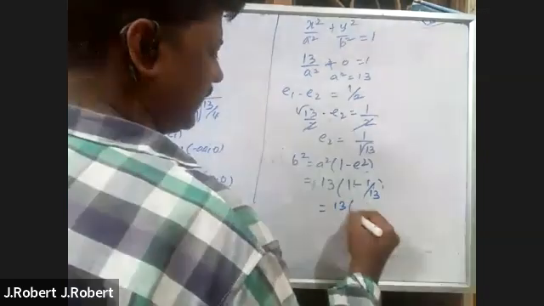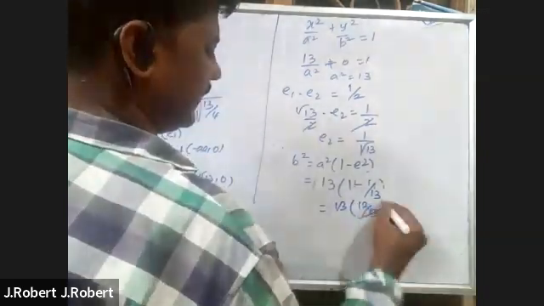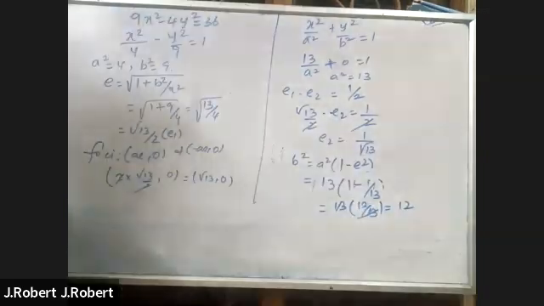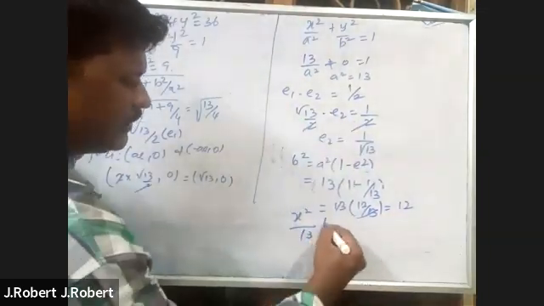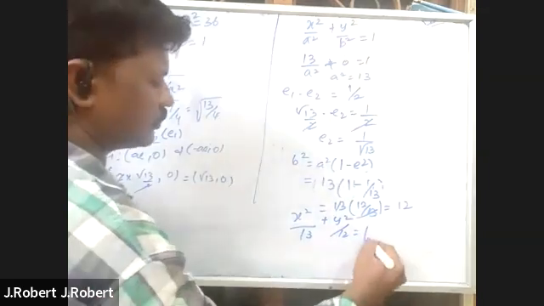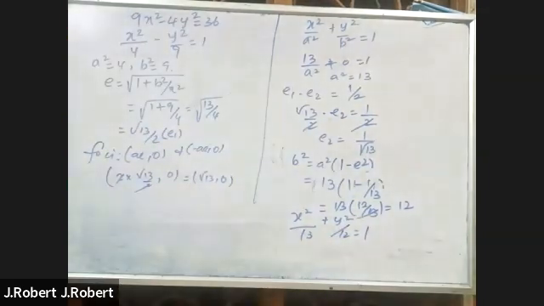So we get 13 times 12 by 13, the 13s cancel, and b square equals 12. We have to report the equation. Please take note: the answer is x square by 13 plus y square by 12 equals 1.